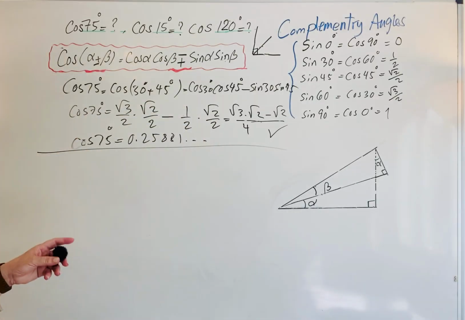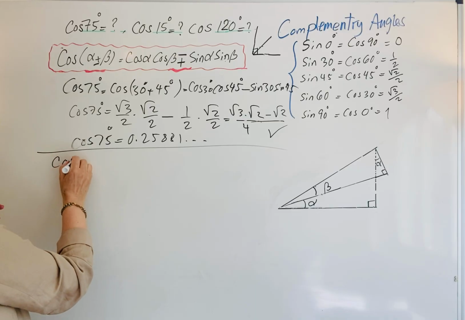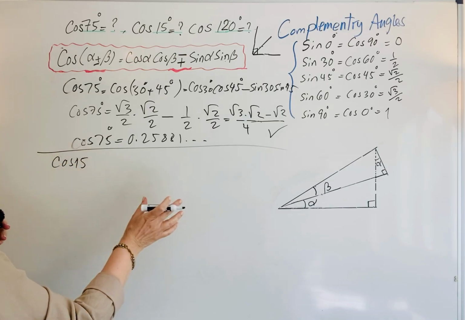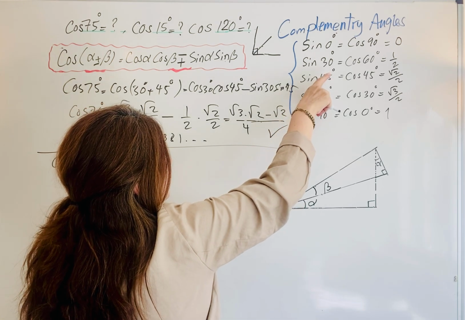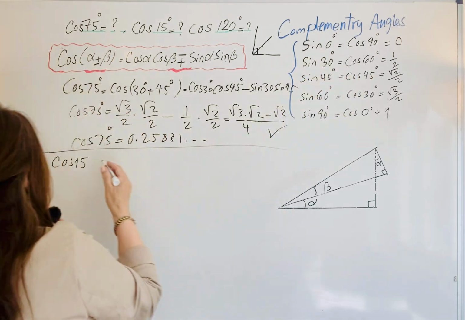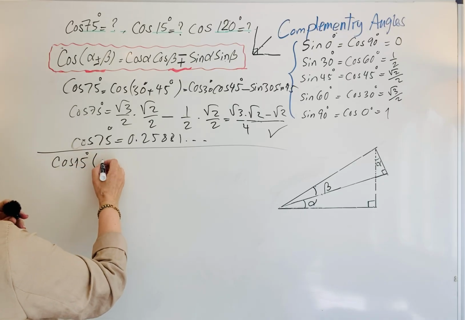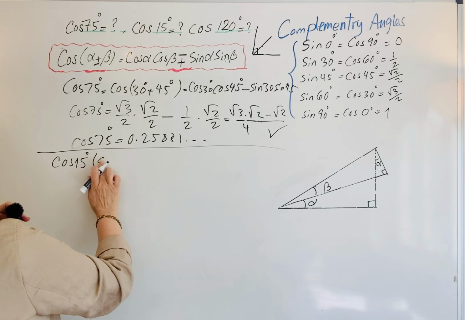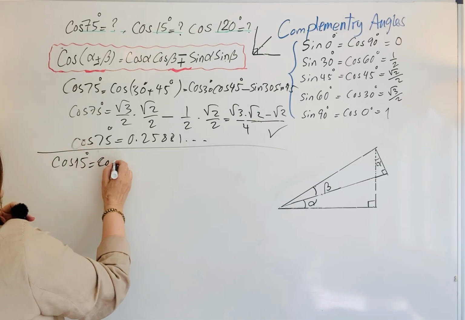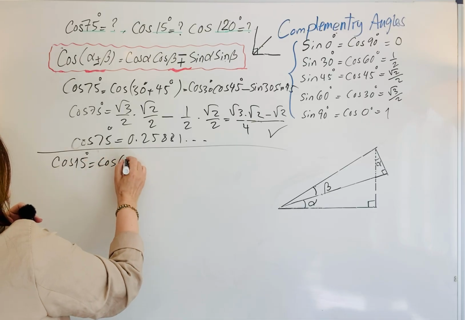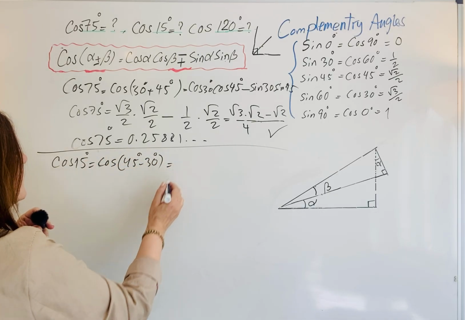Okay, how about cosine 15? Cosine 15 can be the difference of two angles, 60 and 45, or 45 and 30. Which one? We can say cosine 15 degrees is, for example, equal to cosine of 45 degrees minus 30 degrees, right?